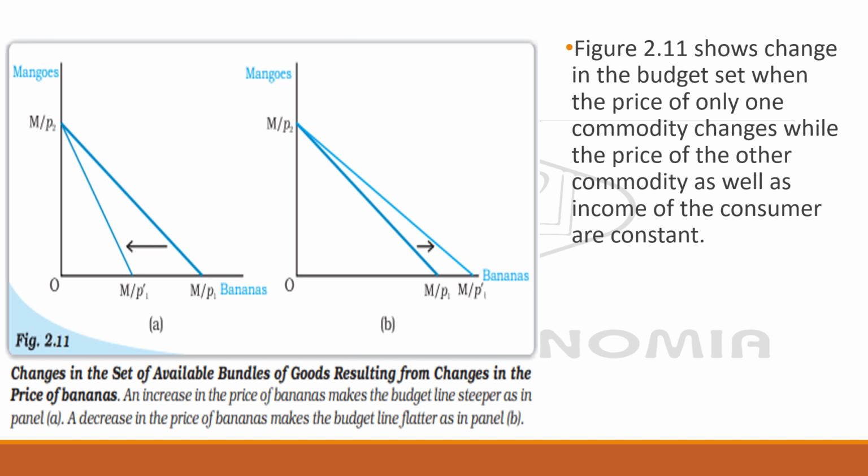In the first case, the price of banana is increasing. That makes the budget line steeper. That is what is given here. Here there is a fall in the price of banana, and that makes the budget line flatter.